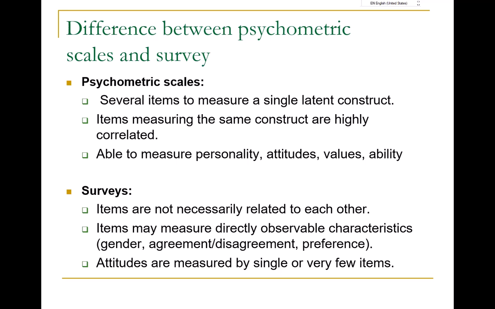In contrast, surveys contain items that may or may not be related to each other, often assessing directly observable characteristics like demographic information or preferences. Unlike psychometric scales, surveys may only use a few items to measure complex constructs, and the items are not necessarily correlated with each other. With surveys, you are not measuring latent variables.